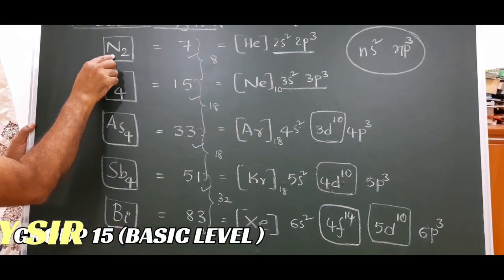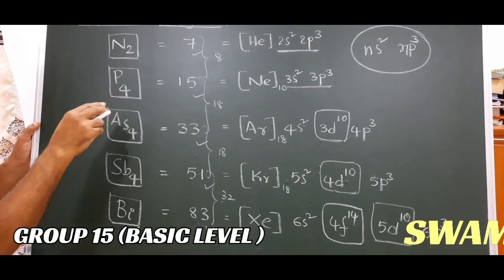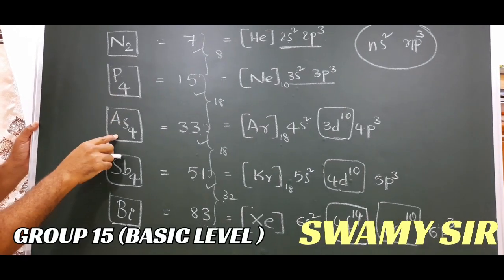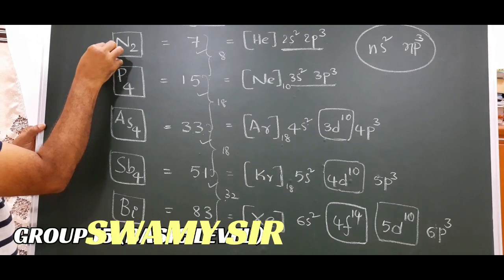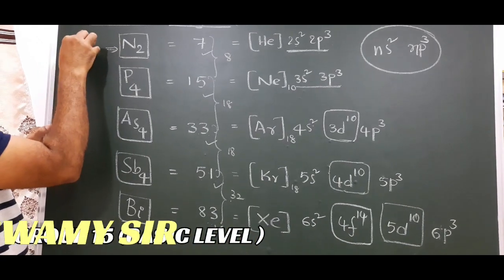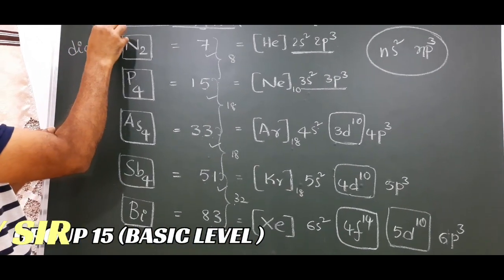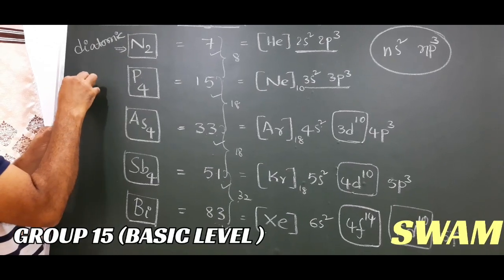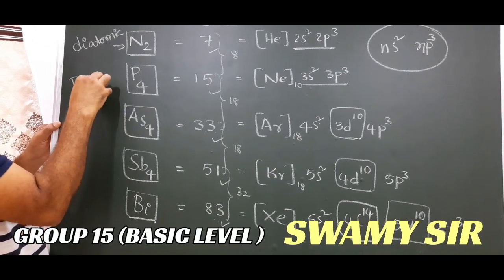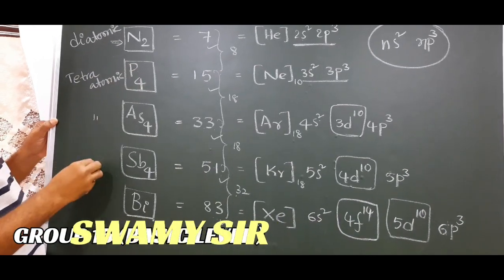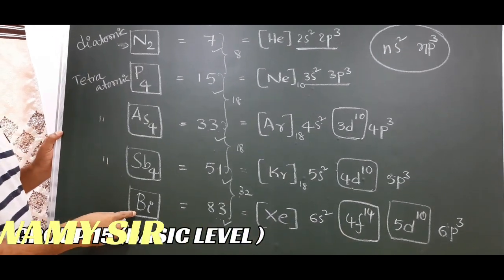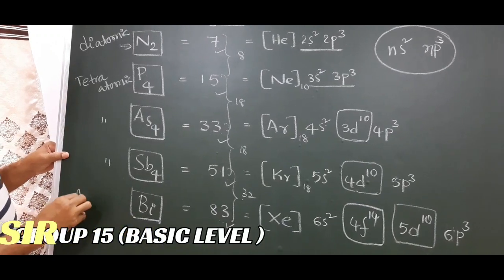In this molecule, how many atoms are there? 2. Here 4. Here 4. Here 4. Here 1. That's why it is called diatomic. Its atomicity is 2. It is tetraatomic, 4 atoms are there. Bismuth is a discrete atom, so it is monoatomic.